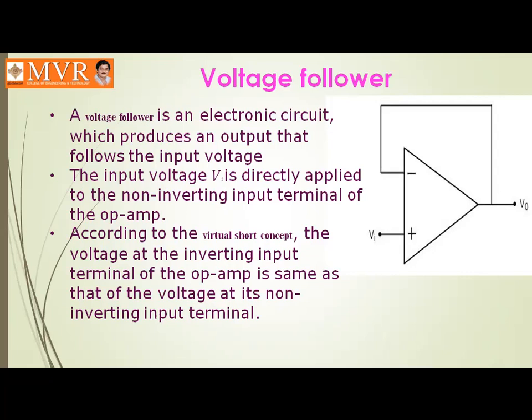That means the voltage at the inverting terminal is nothing but Vi. So from that we can say that Vi is equal to V naught. That means the output voltage is equal to the input voltage.